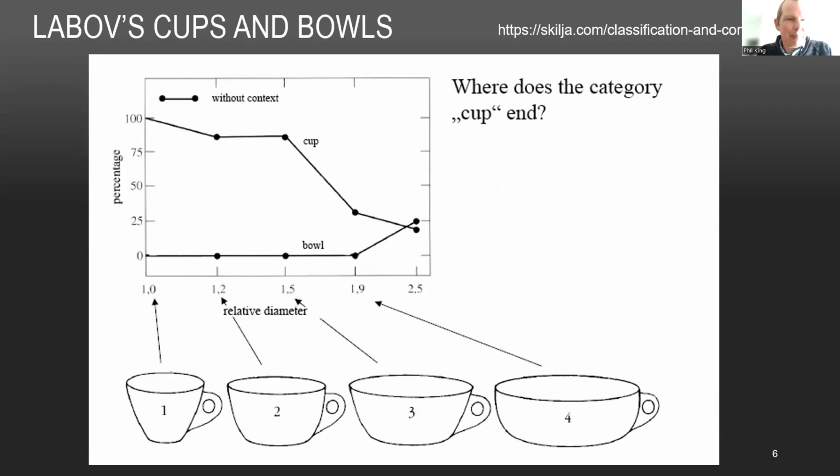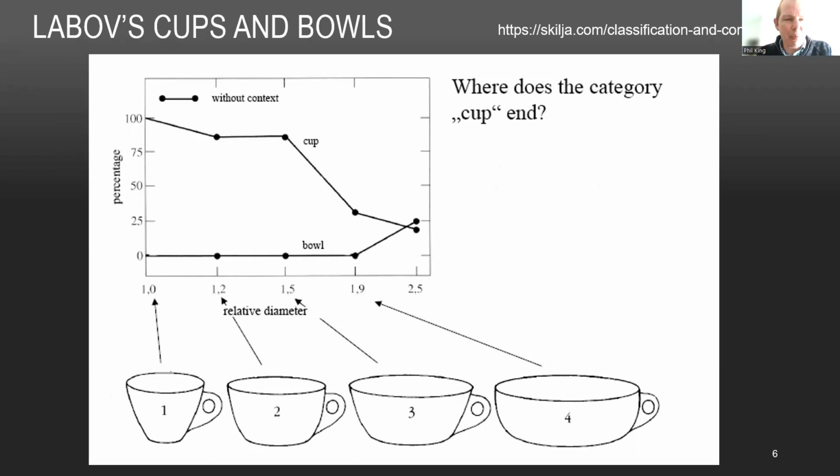You'll see that the line at the top shows that everyone classified that as a cup and nobody classified it as a bowl. But as the ratio between the diameter and the height of the cup got bigger, moving towards the right in this diagram, people were more likely to call something a bowl than a cup.